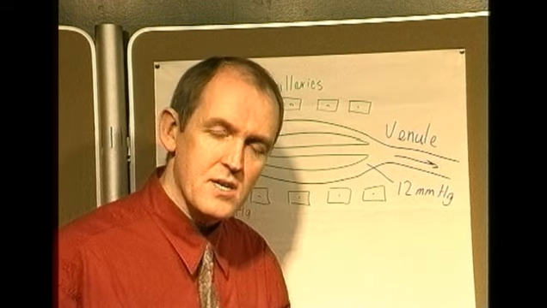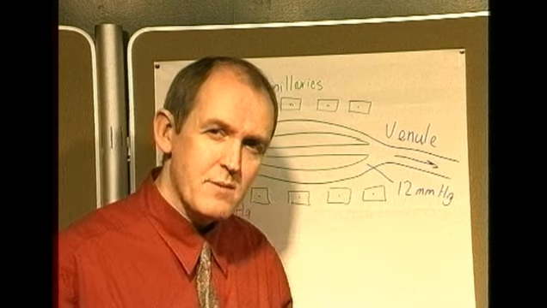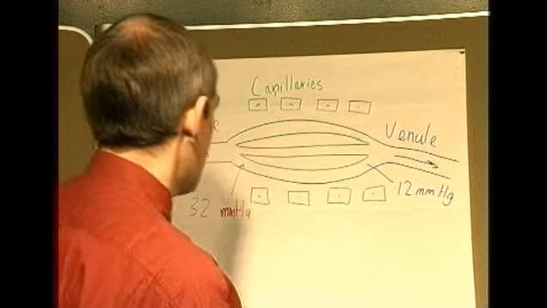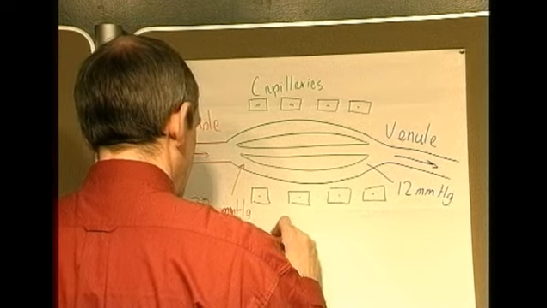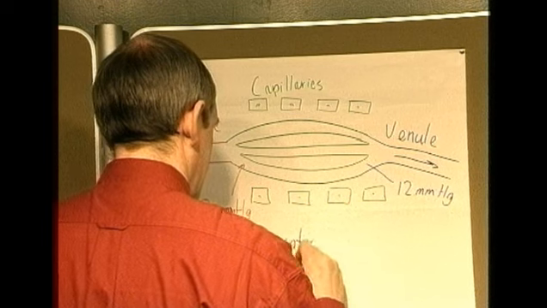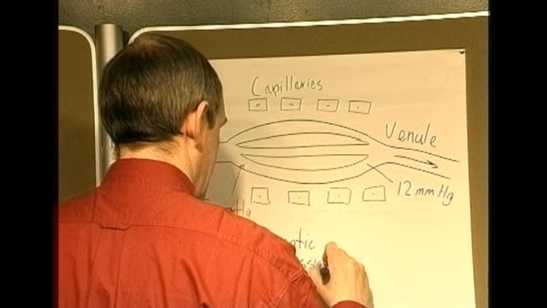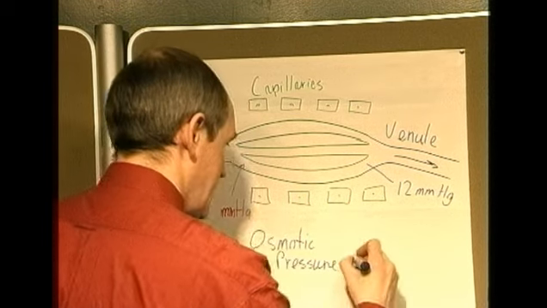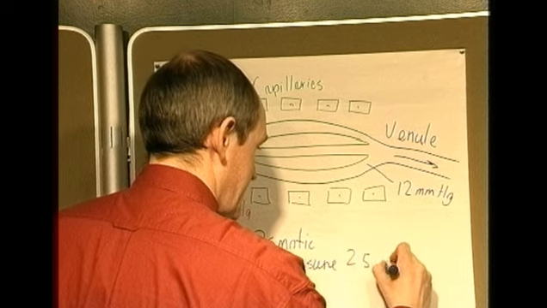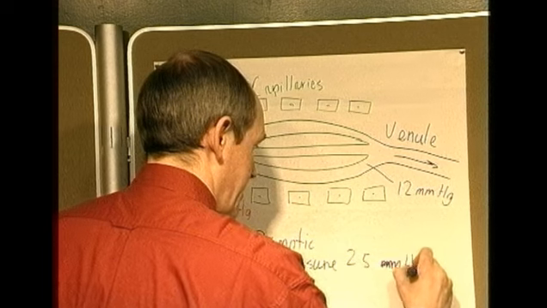And the osmotic pressure of the plasma is about 25 millimeters of mercury. So let's just put that figure down as well. Osmotic pressure of the blood, of the plasma, about 25 millimeters of mercury.